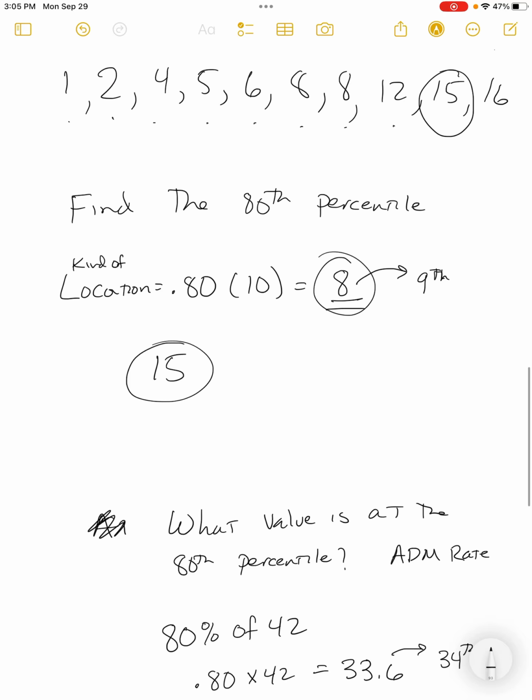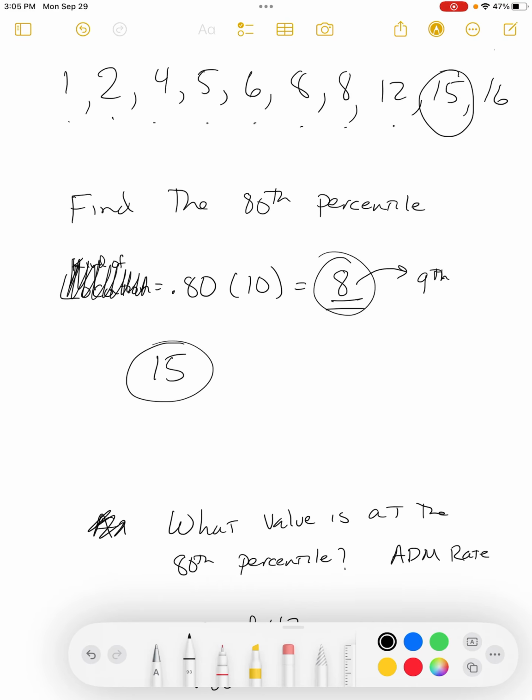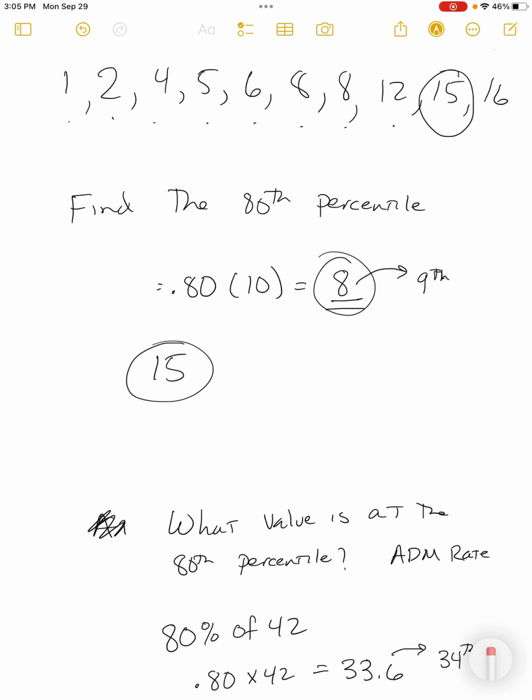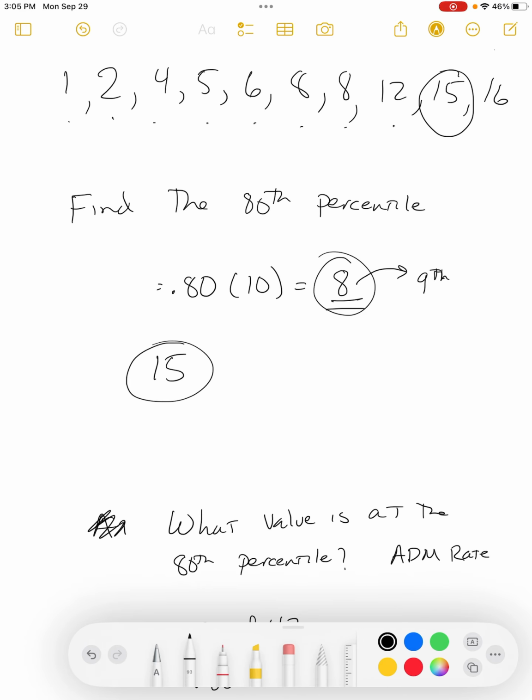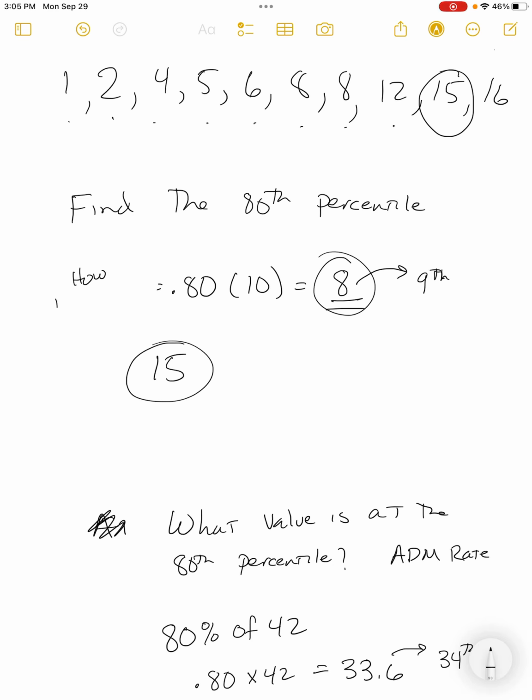Let me word it like this. What this calculation is determining is how many values are less than my value.